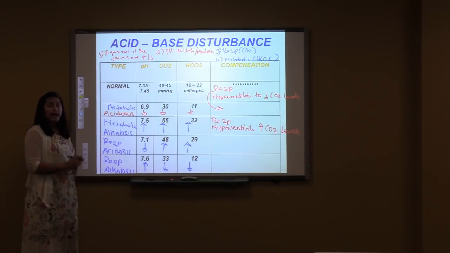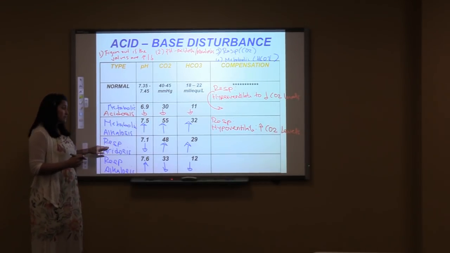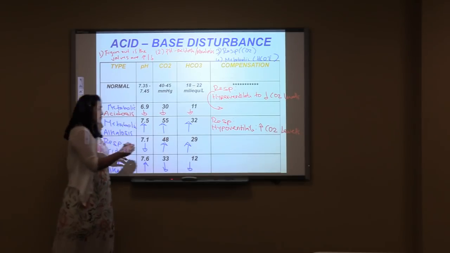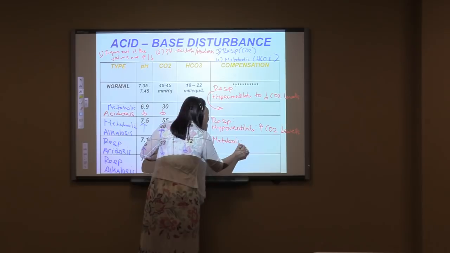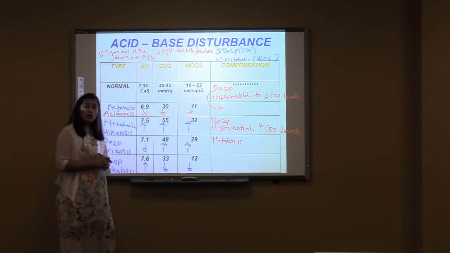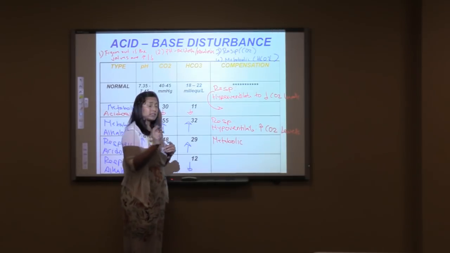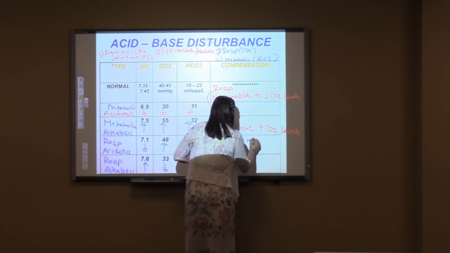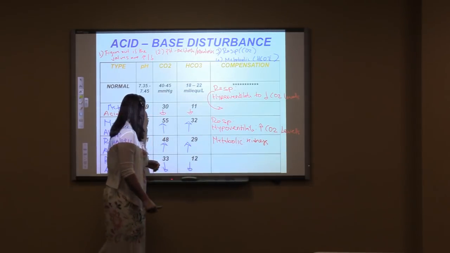Now, respiratory acidosis. You know that the respiratory system is at fault, so which one compensates? Metabolic. If the metabolic system compensates, how is it going to compensate? In terms of metabolic, it's the kidneys. So how do the kidneys compensate?